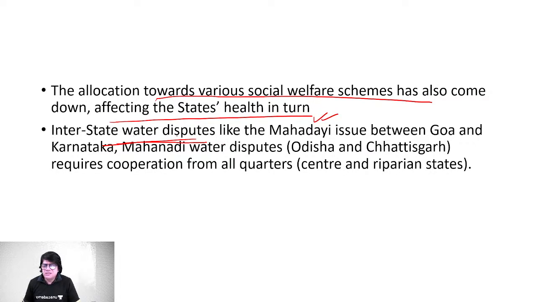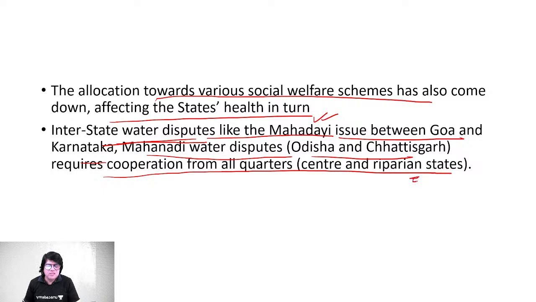And interstate water disputes, which of course fall under Article 262, like the Mahadai issue between Goa and Karnataka, like the Mahanadi water dispute between Odisha and Chhattisgarh, require cooperation from all quarters, the center and the riparian states. Riparian means the states which come on the way of that river, right, along the river.